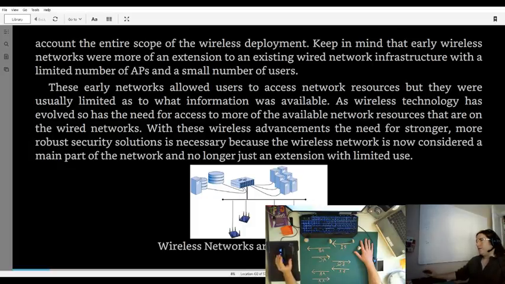Keep in mind that early wireless networks were more of an extension to an existing wired network infrastructure with a limited number of APs and a small number of users.